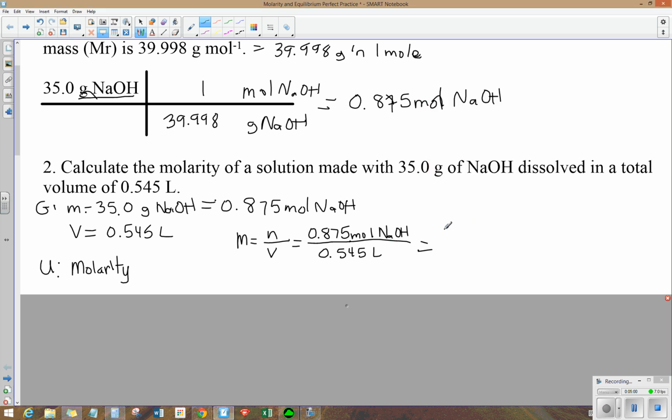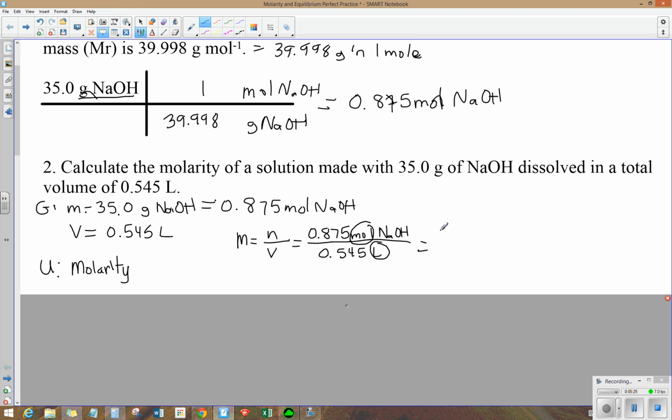So 1.61, and then the units, we have moles on top, we have liters on the bottom, so the units are going to be moles per liter. Let's fix that.